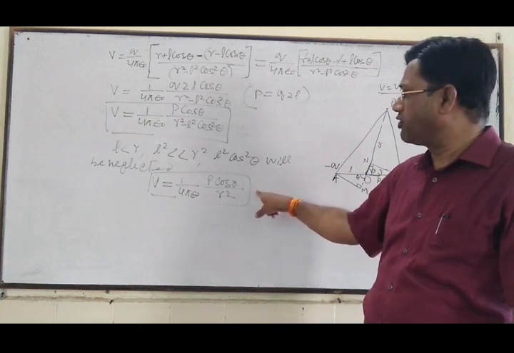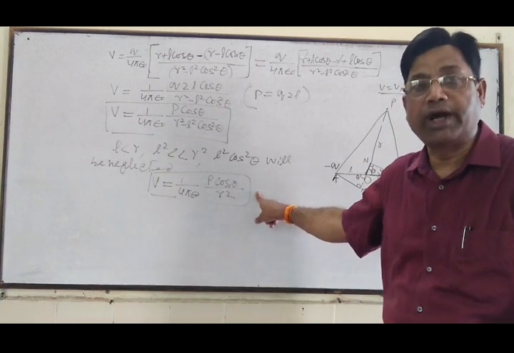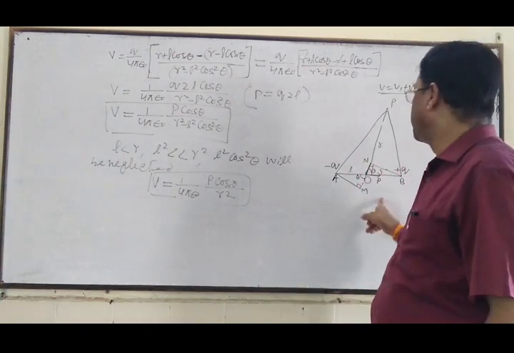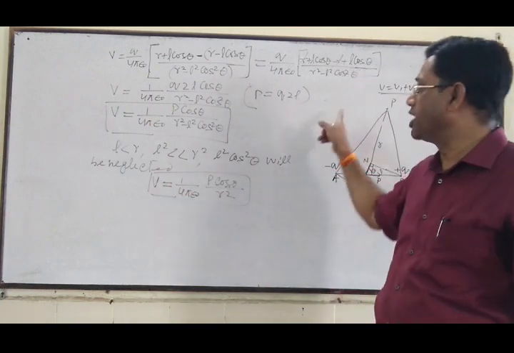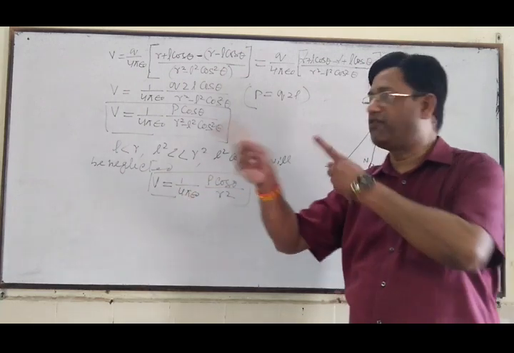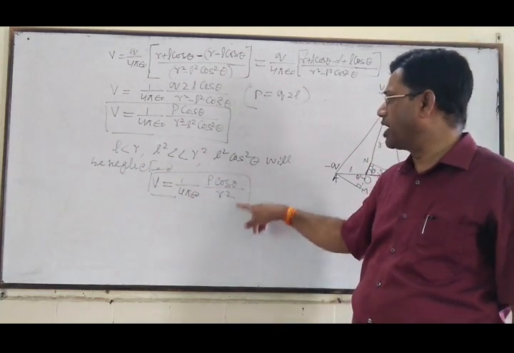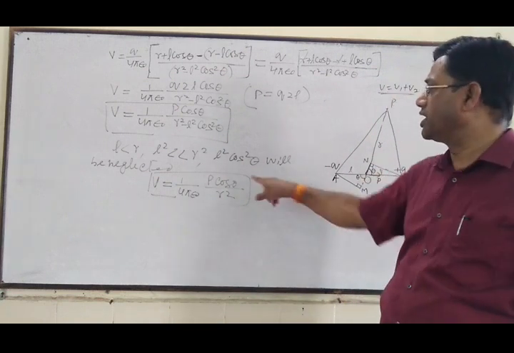Then you can observe the difference between the electric potential at a point due to a point charge and the electric potential due to a dipole. What is the difference in the formula?